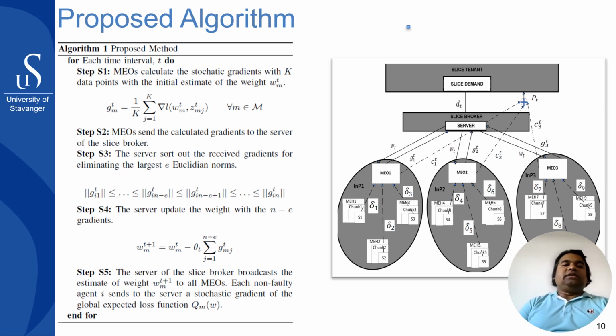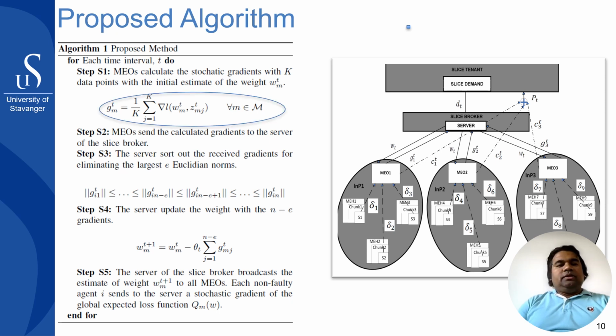For each time interval, if we divide it into steps, then in the first step, MEOs calculate the stochastic gradients with k data points using the initial estimate of the weight. So there will be some initial estimation of the weights, and by this equation they will do this calculation. Then step 2, MEOs send the calculated gradient to the server of the slice broker.